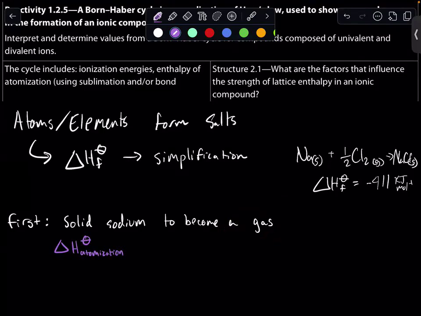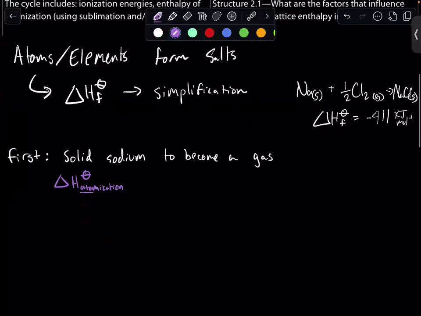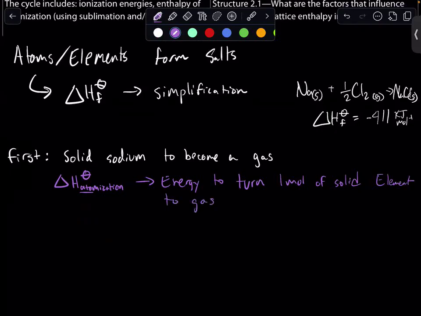Sometimes we just refer to it as delta H atom, and this is the energy to turn 1 mole of solid metal or solid compound to gas. Not even substance, we're going to say element to gas.